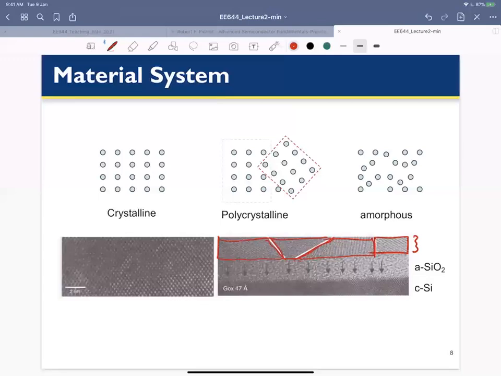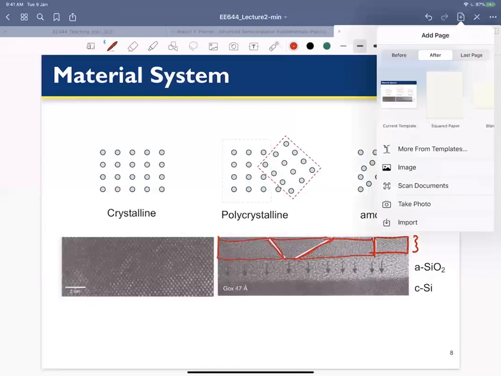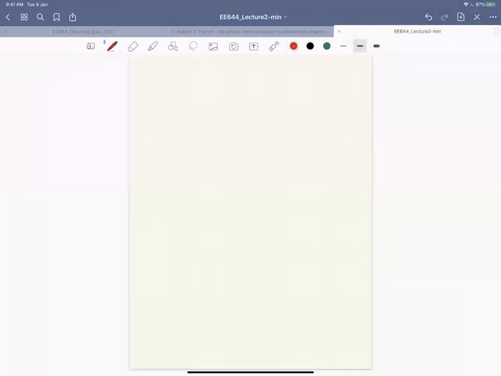So basically, we want our gate to be crystalline material also, right? But I don't know if you understand microfabrication. How do you form the gate?